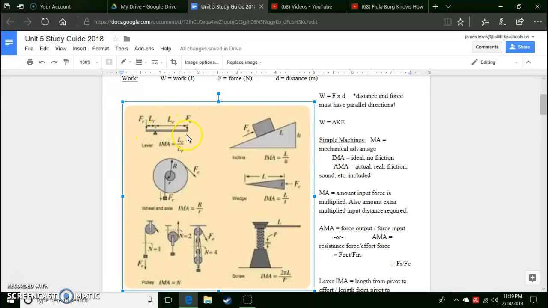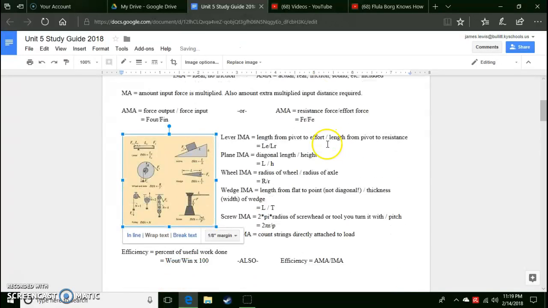And Joe is going to push down on this side, the long side. So what they've given us in the problem is the distance from the fulcrum to the car. So that's going to be the load length, the distance to the load, or the resistance, whichever way you want to point out that word.